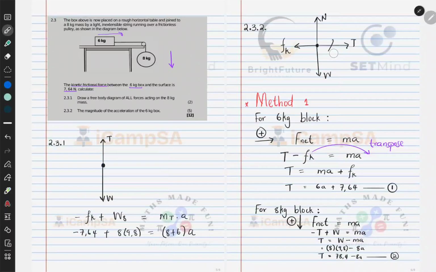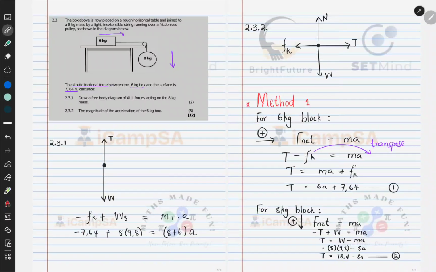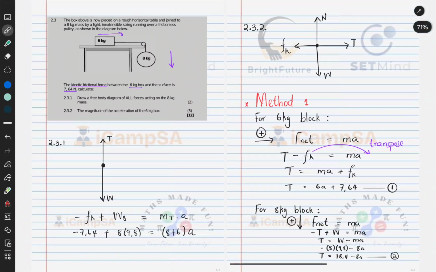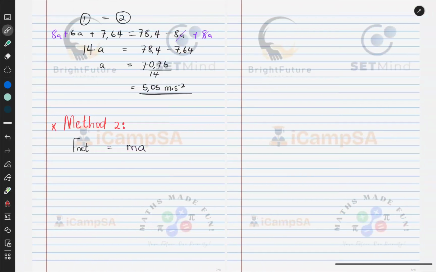In a combined system free body diagram, the tension wouldn't appear because these two components cancel. You'll only be left with the weight of the 8 kilogram object and the frictional force contributing to the overall motion. And the overall mass of the system will be 8 plus 6.